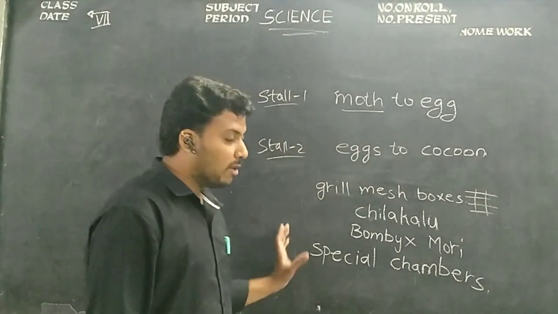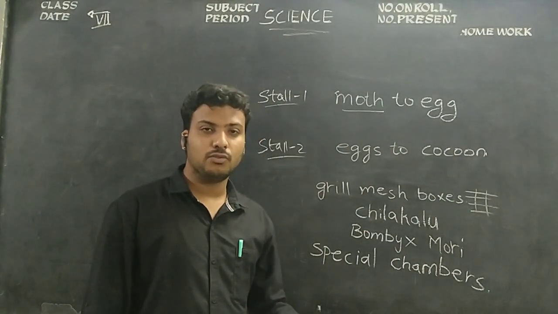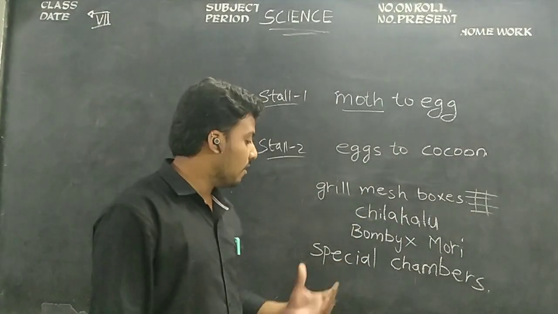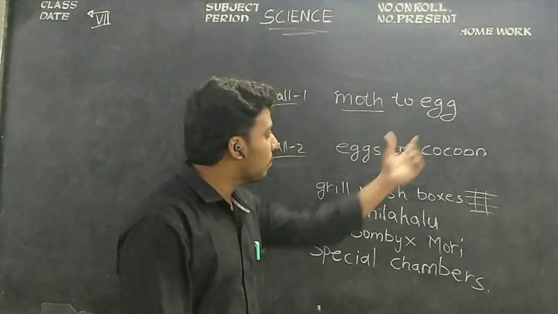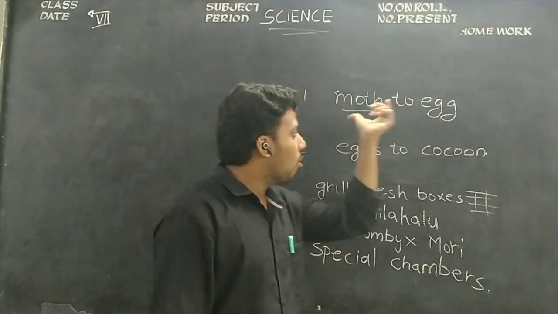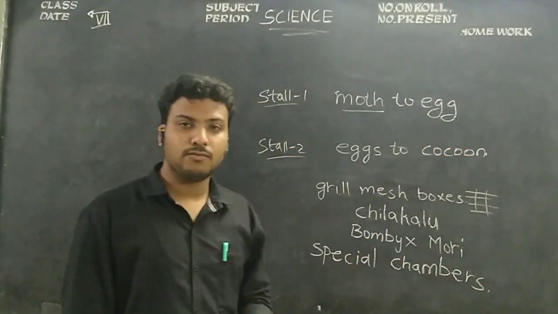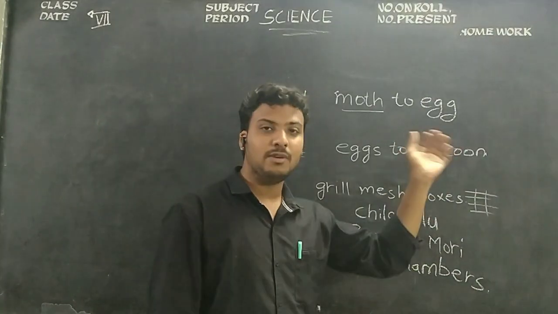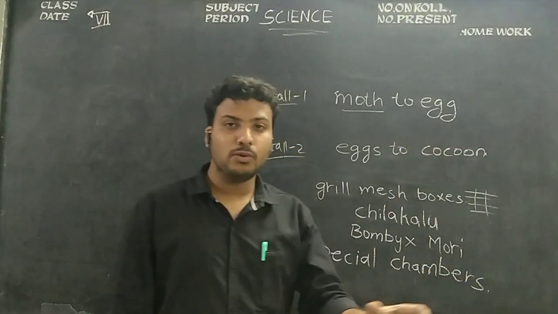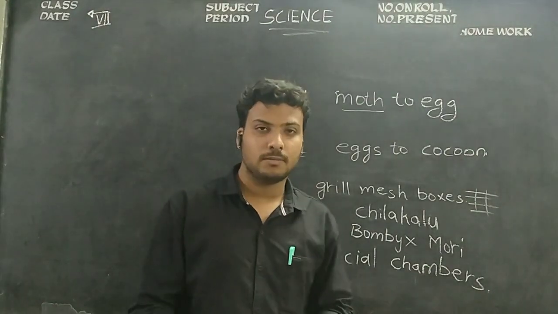And some other farmers from districts like Kurnool, Kadapa, Chittoor, they come and buy silkworms. You know, silkworms from the egg. Moth lays eggs. From those eggs, the silkworms come out, children. They buy directly the silkworms which come from the egg, and they take these silkworms and produce cocoons.